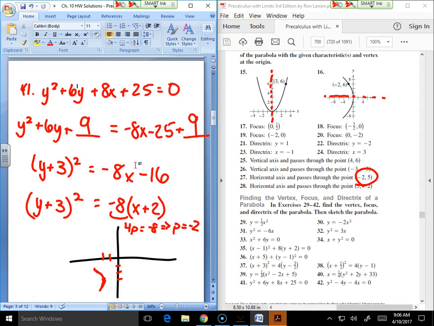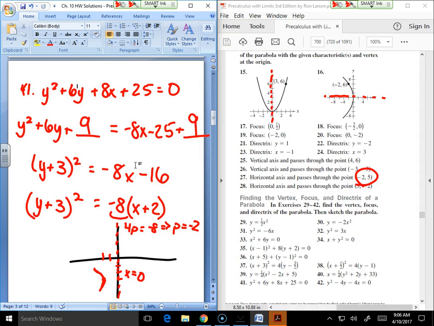So since it's going to be heading this way somehow, obviously I'm not being super precise, I'm not finding x-intercepts in order to make it all nice and symmetric, or I should say, proportion correctly. But I can say the directrix is going to be 2 away from the parabola. It's going to be at x equals 0.